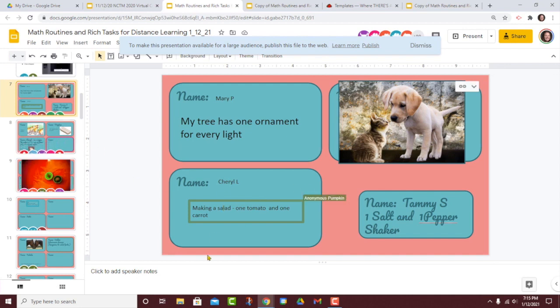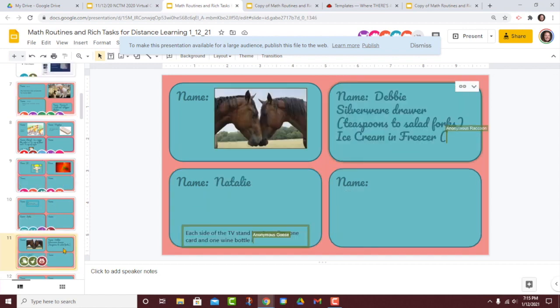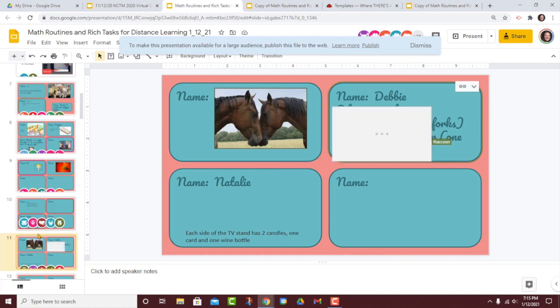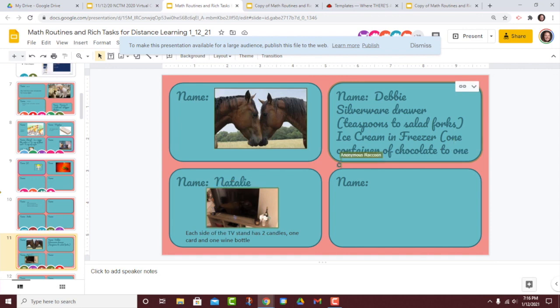If not, that is okay. Let's see, who's got the cute little picture of the 2 horses? I can definitely see some 1 to 1 there. And Debbie, you noticed something in your silverware drawer. Would you tell us a little bit more about that?